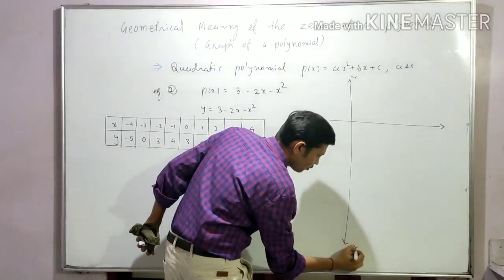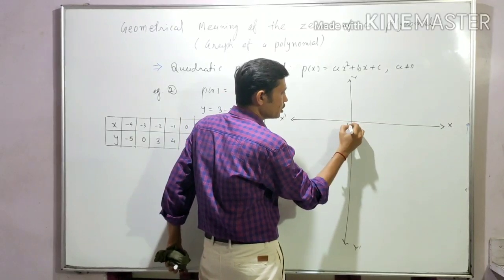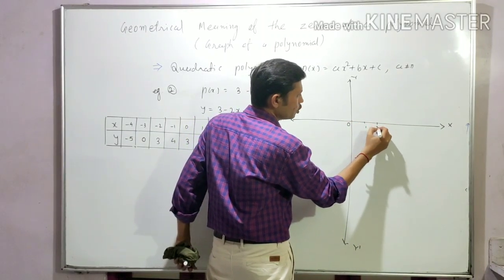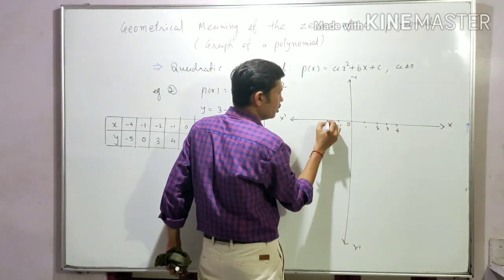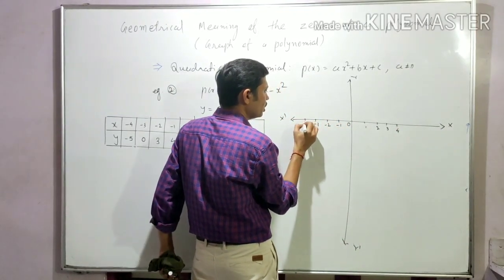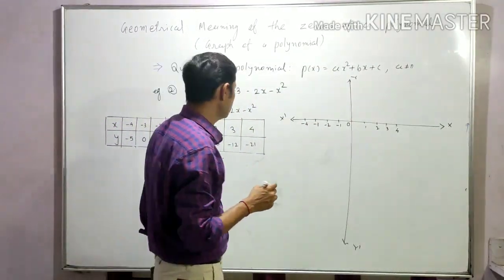Y dash, x dash. Here it's 0. Then 1, 2, 3, 4. Here I am taking minus 1, minus 2, minus 3, minus 4. The y coordinate minus 21 we have to consider, right?